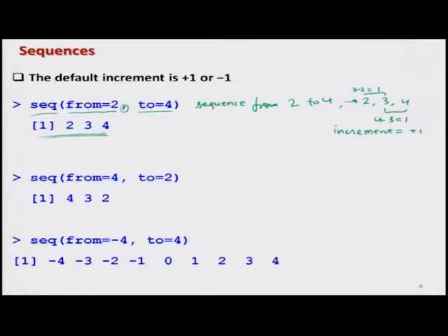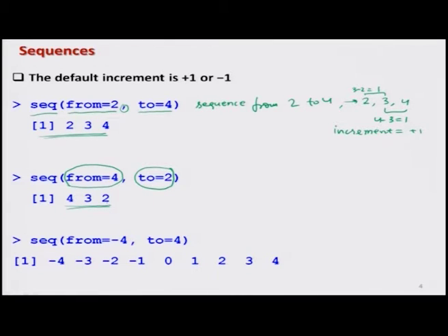And similarly, you can also go in the reverse direction. For example, if I try to obtain a sequence from 4 to 2, just the opposite of the first example, the default decrement is going to be 1 unit, and you get a sequence 4, 3 and 2.